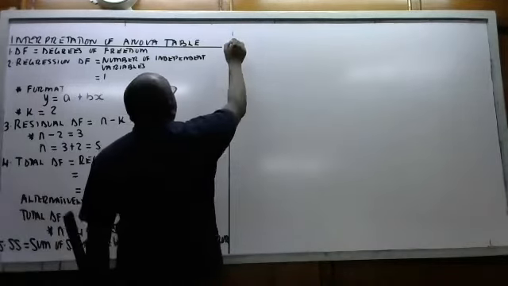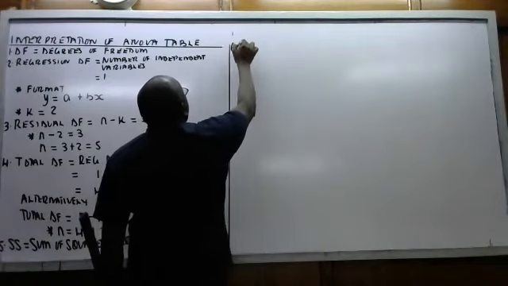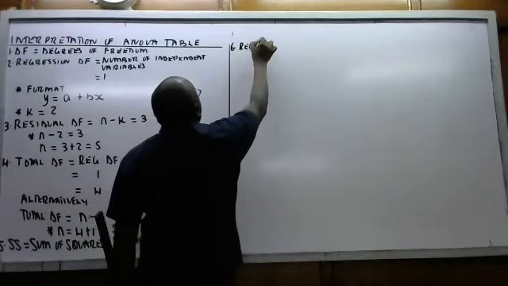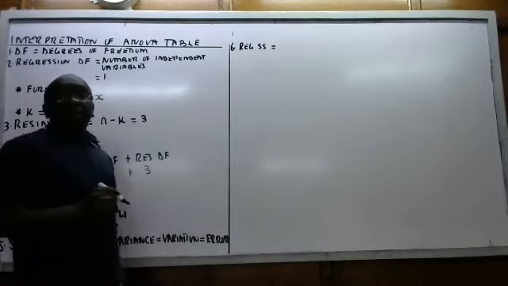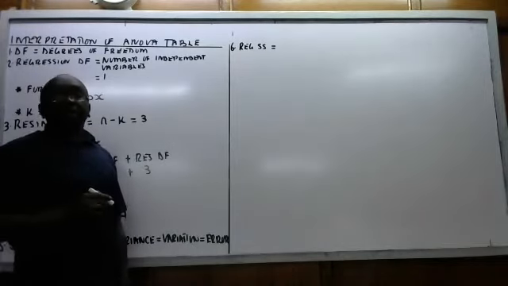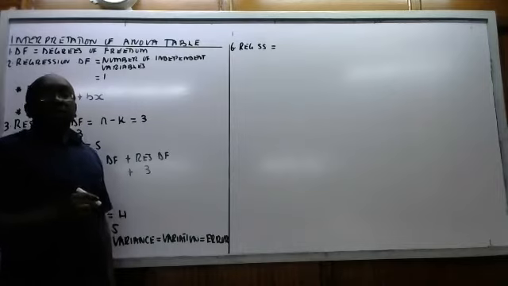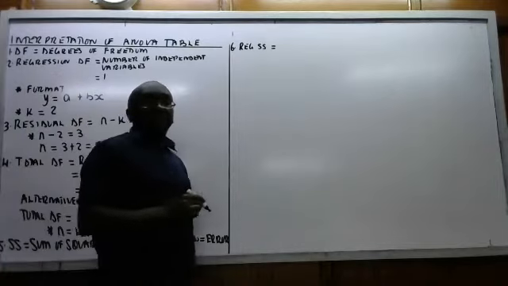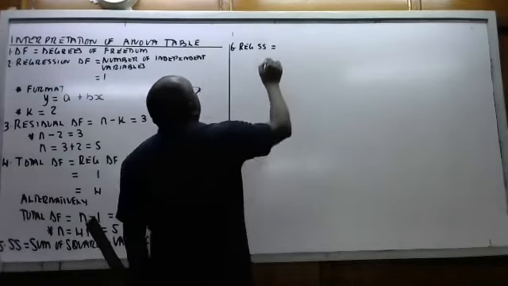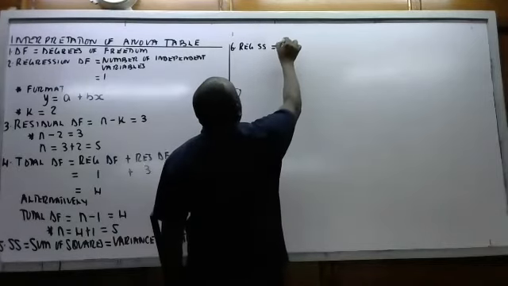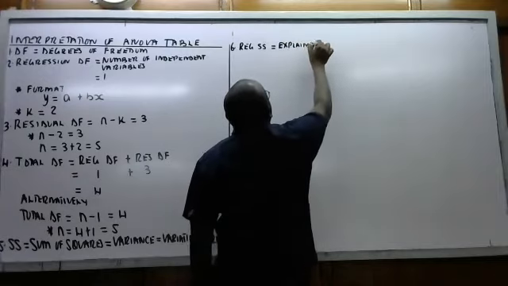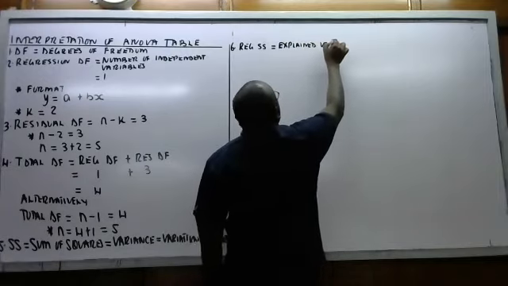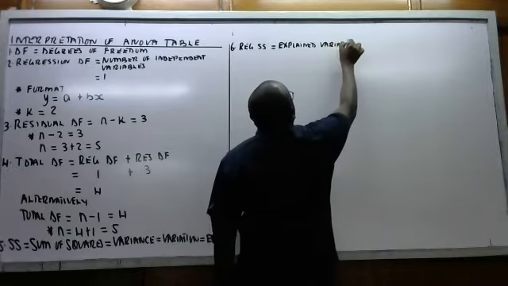Point number 6. There is the regression SS. Now, regression SS is what in the notes we have been calling explained variation.